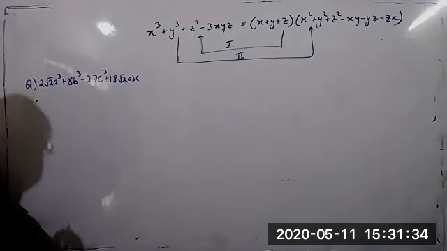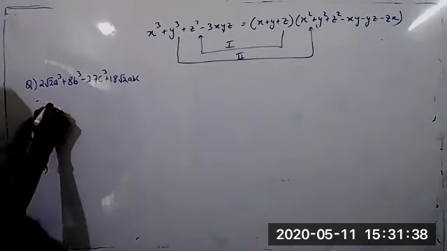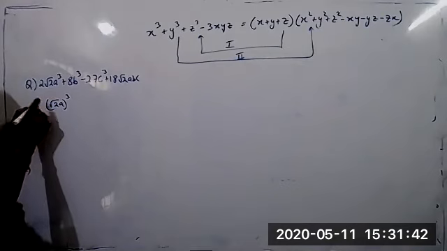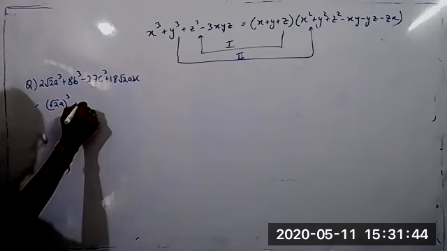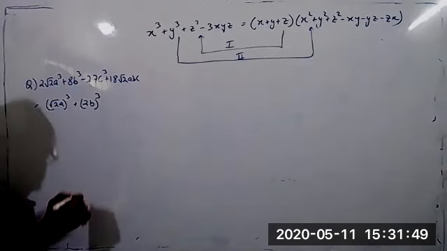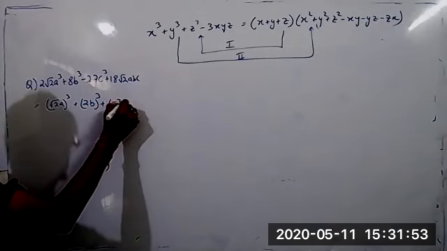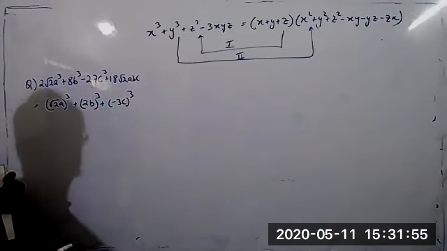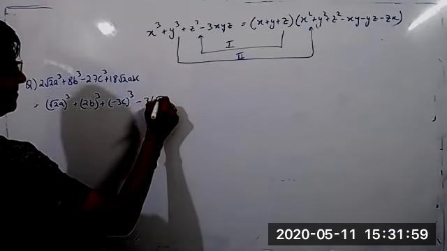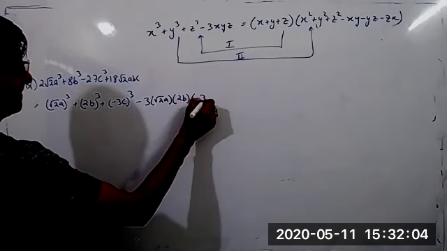Yes, sir. 2 root 2a cube, we can write it as root 2a the whole cube plus 2b whole cube plus minus 3c whole cube, then minus 3 into root 2a into 2b into minus 3c.